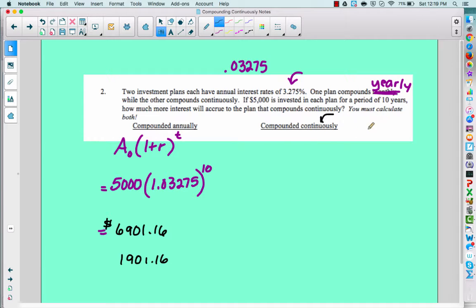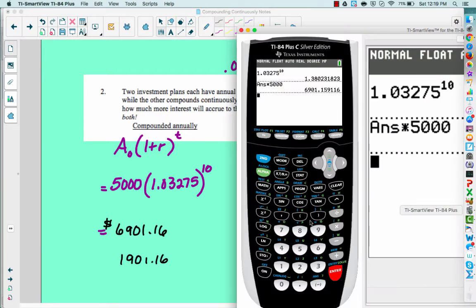I see continuously, that means Pe to the rt. So my principal was 5,000, and my rate was 0.03275 times 10. I'm going to go to my calculator and plug that in. So clear.